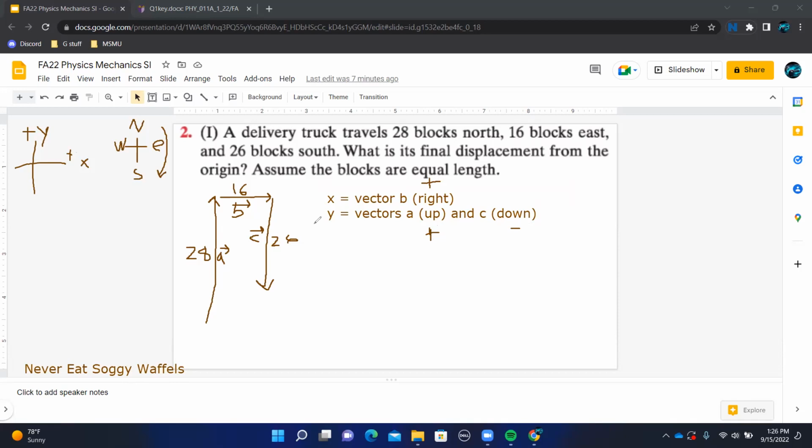From there, we're gonna go ahead and just add them. So in the X direction, we have a positive 16 blocks.